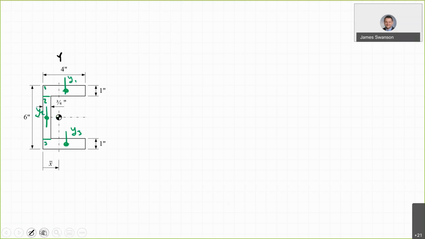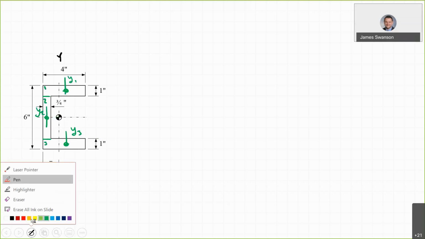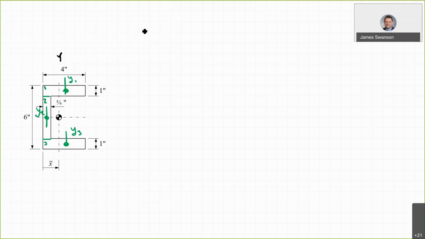Okay, now I'm going to take the moment of inertia, I sub y, and I'll do this the same way. I'll take I sub y1. So that's the moment of inertia of area 1 about its own centroidal axis. And this is equal to, you can look at it two ways. You can say this is equal to the base cubed times the height divided by 12, or you could spin the drawing by 90 degrees and then use the same formula again.